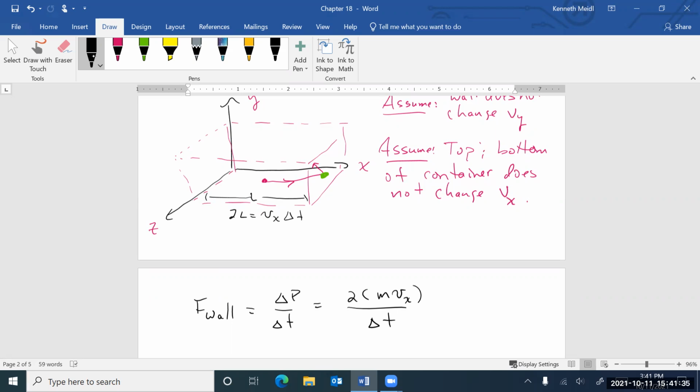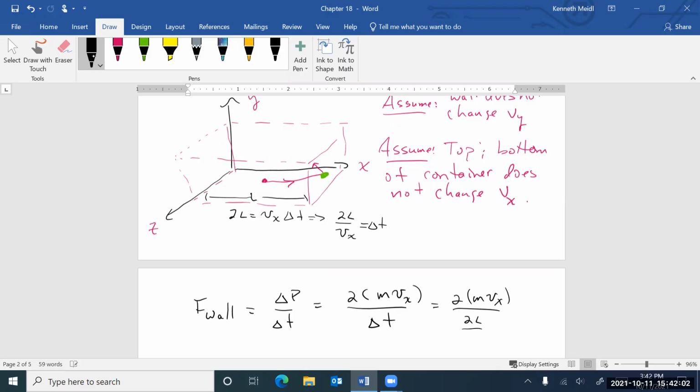So maybe I consider that 2L all over the velocity in the x direction is the amount of time that it's going to take to go from one wall, bounce off, hit the other wall, and then do 2L to come back to that same spot here. And so it at least gives me a fighting chance of getting rid of this delta T.